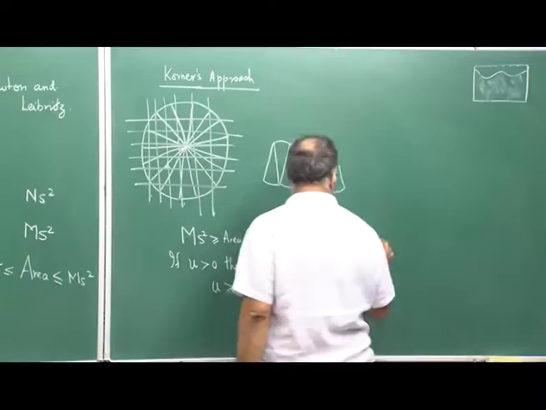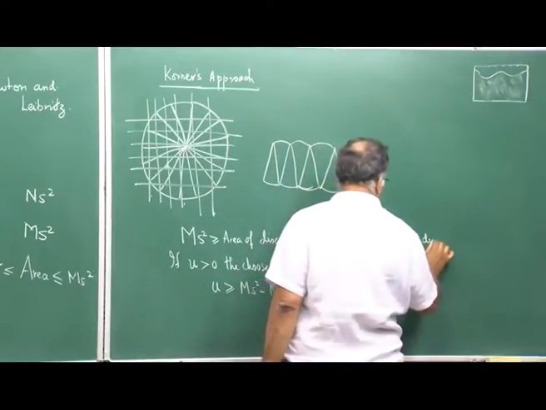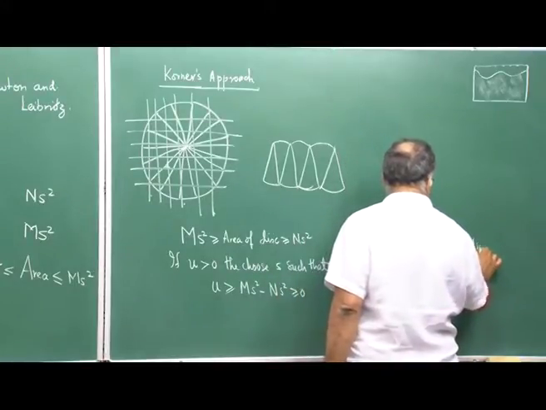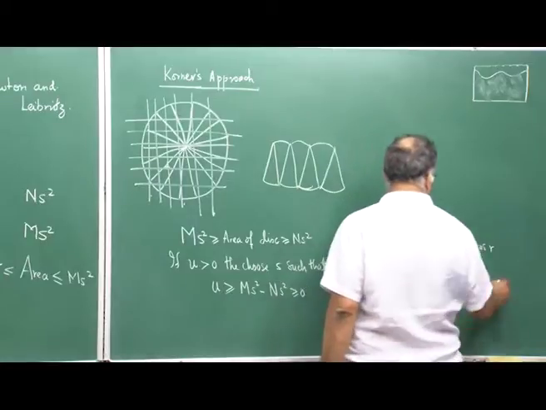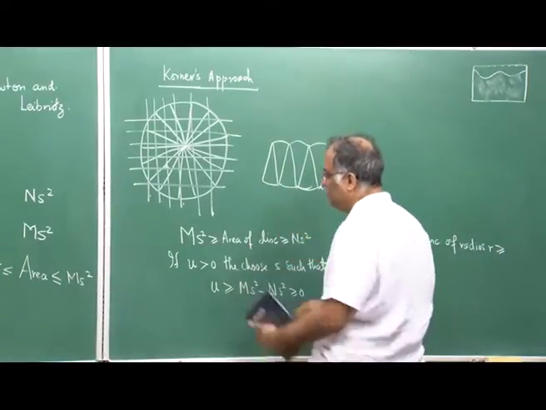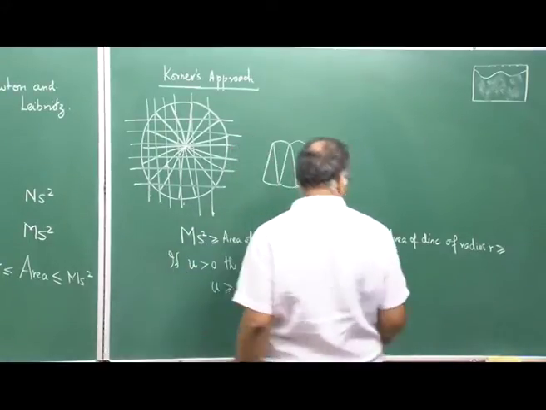So what would happen? Area of disc of radius r is now bigger than the same m and n, only the dilation has taken place.